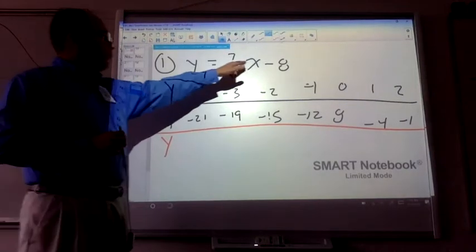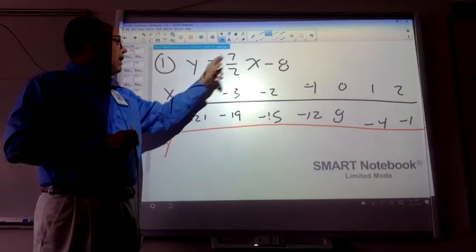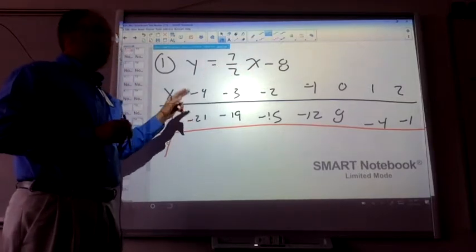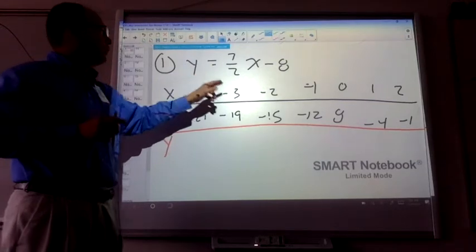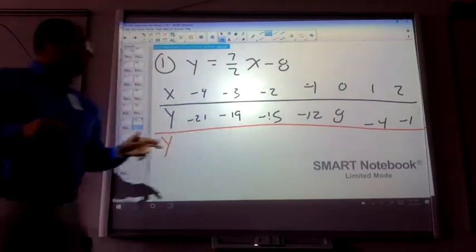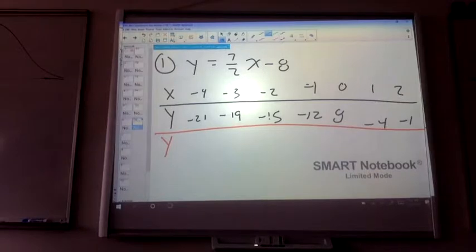If I take -4 and plug it in here for x, I get 7 times -4 is -28. -28 over 2 is -14. -14 minus 8 is -22. Then if I subtract these from each other, -21 minus -22, that has a residual of +1. Is that okay so far?